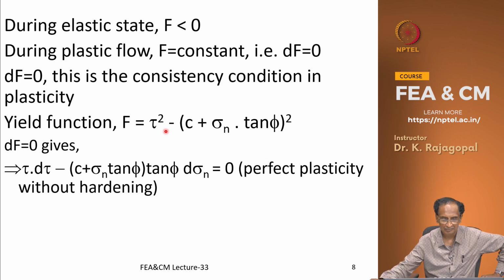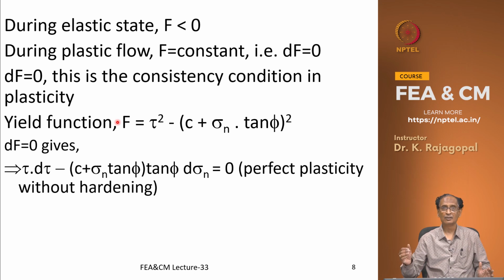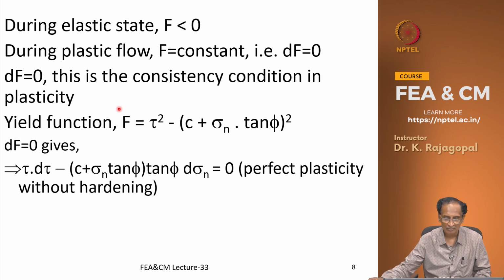So, during the plastic flow, the change in the yield function should be 0, df is 0, and our f is written as tau square minus c plus sigma n tan phi whole square, and the df of 0 means tau times d tau minus c plus sigma n tan phi times tan phi times d sigma n, and this is 0.